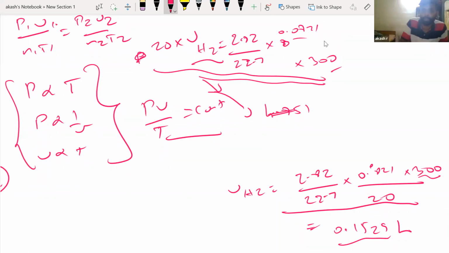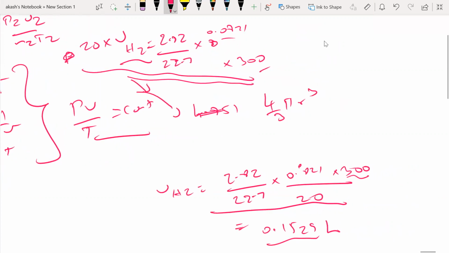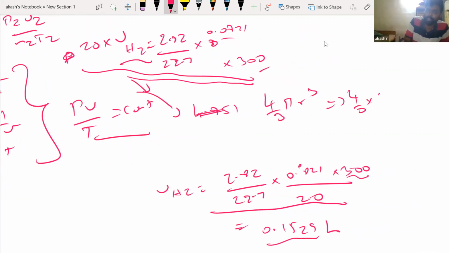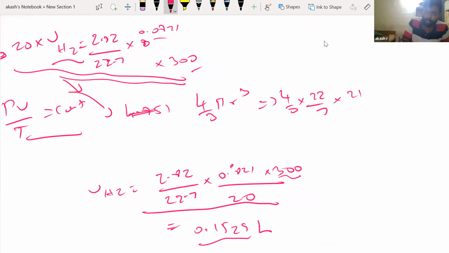Yes, the volume of a sphere formula is 4 by 3 pi r cube. Now that would be 4 by 3 into 22 by 7 into r into r into r. That is 21 by 2 into 21 by 2 into 21 by 2, because 21 is the diameter. So if I do that, we have 4 into 22 into 21 into 21 into 21.